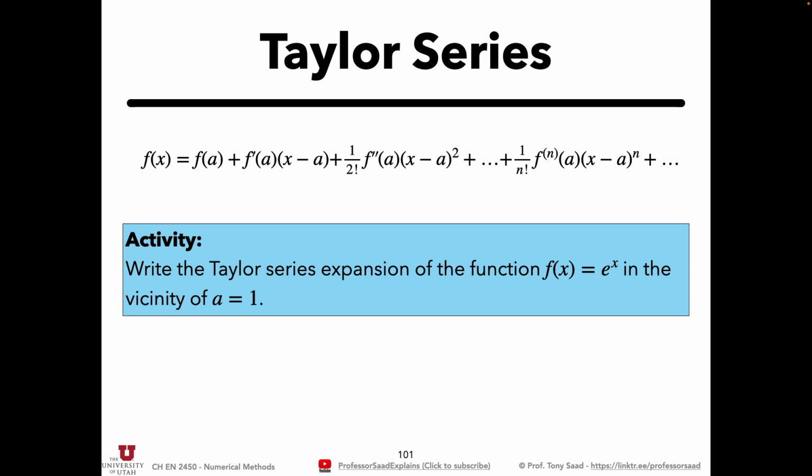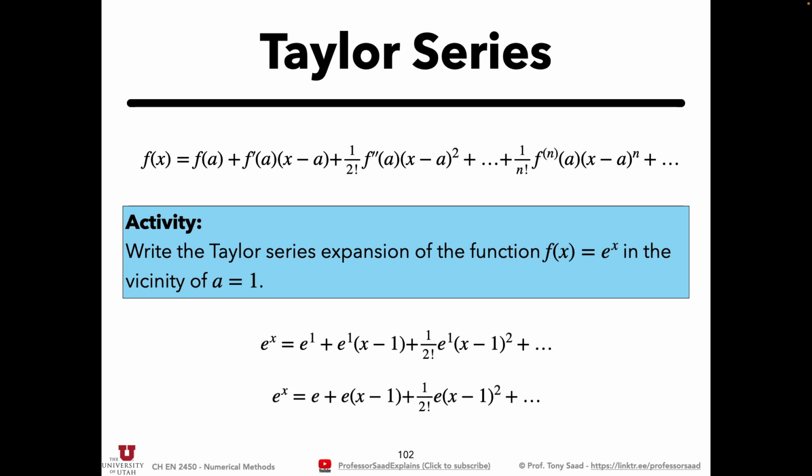Okay, because f prime is e to the x. At a, it's e to the 1 times x minus 1. Yep, so you got it. So it's simple plug and play, right? You just substitute a equal 1 and evaluate those terms. So you get e plus e times x minus 1, et cetera, et cetera.